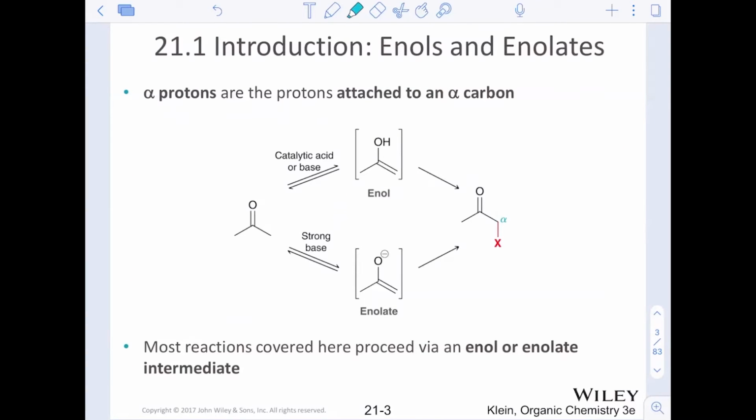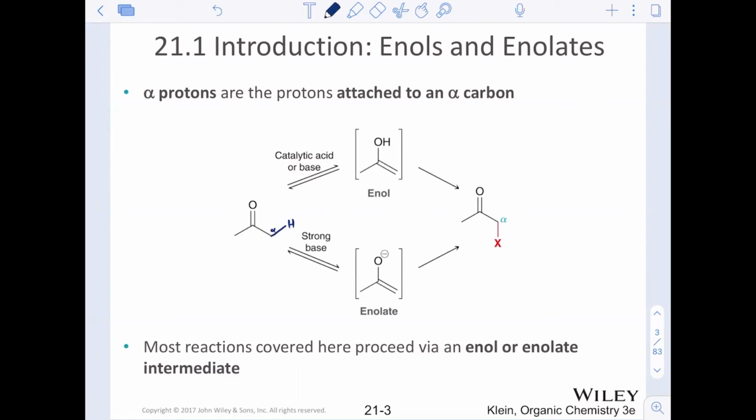So alpha protons are the protons attached to the alpha carbon, right? If this is an alpha carbon, it's adjacent to the carbonyl, so that hydrogen is an alpha proton. Now, we remember, hopefully, that enols can be produced in certain reactions of alkynes.